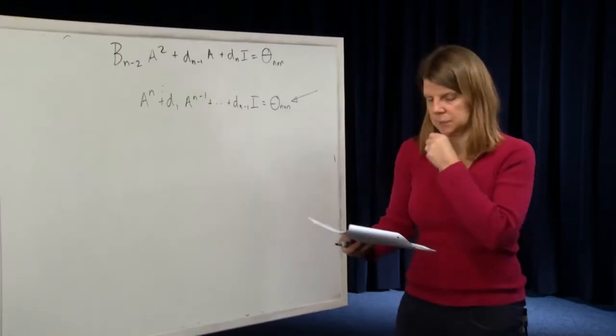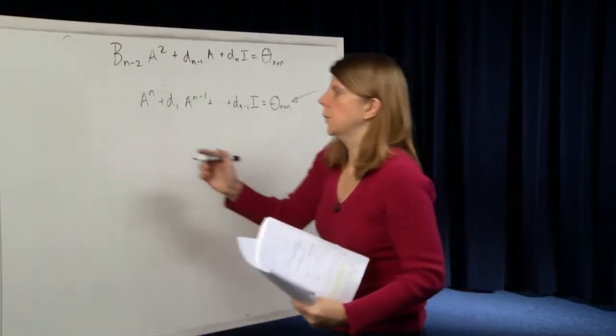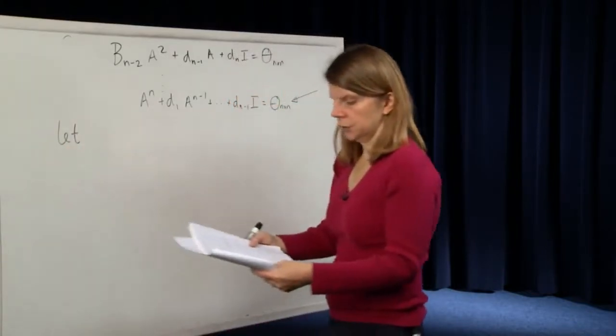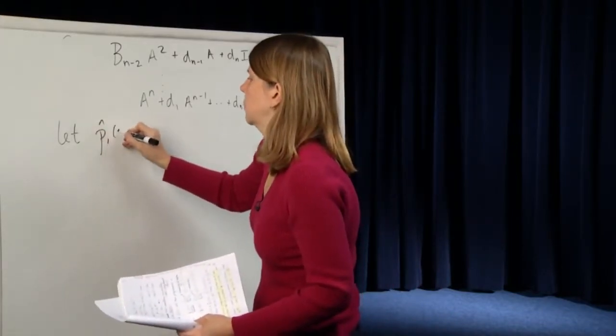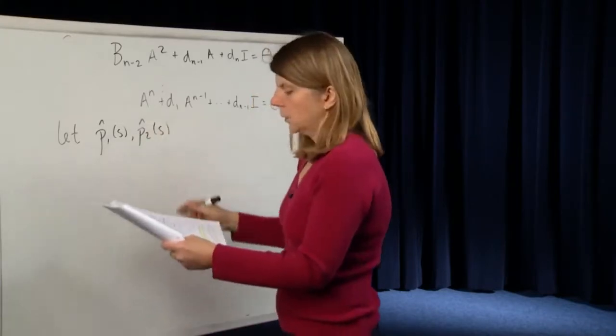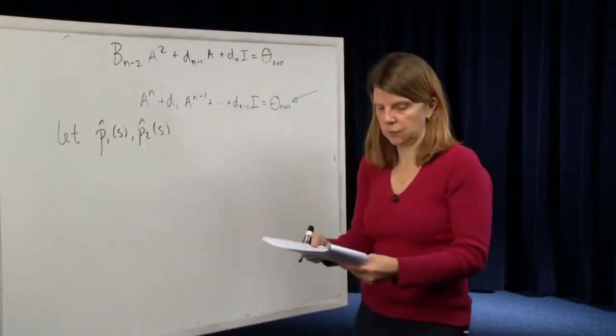But we're building up to that by thinking about polynomial functions of a matrix. So if you had two polynomial functions, let's write them in terms of the variable s, p1 hat of s and p2 hat of s. Those represent two polynomials in s.